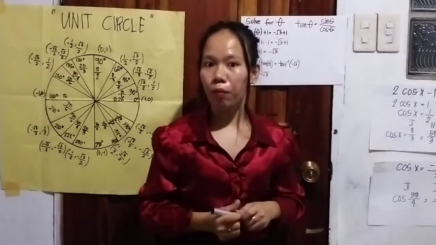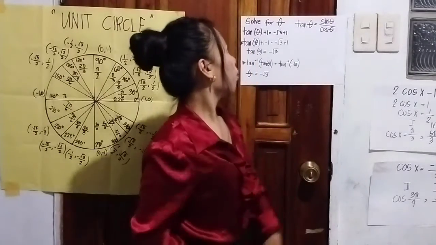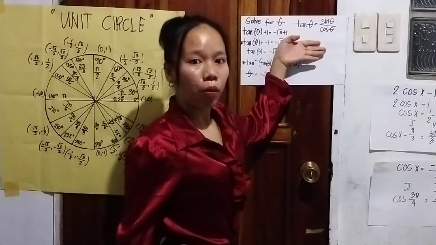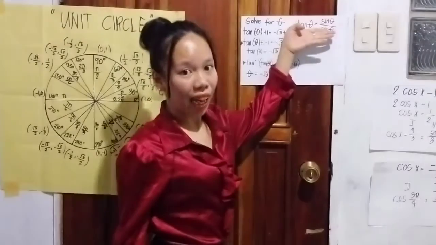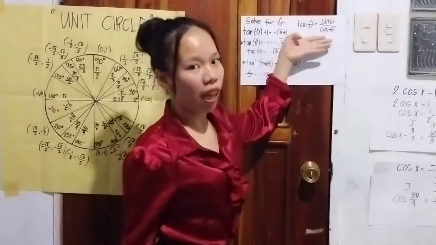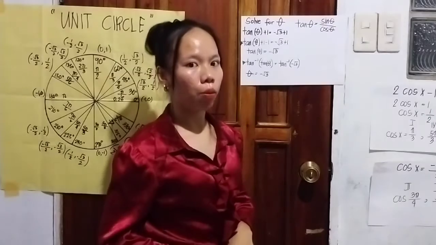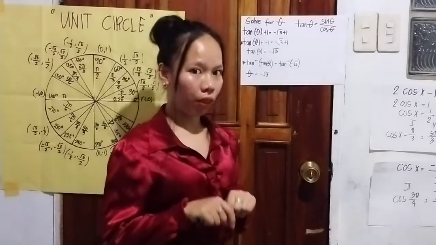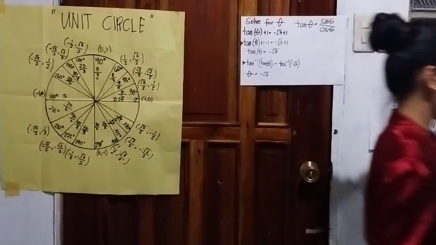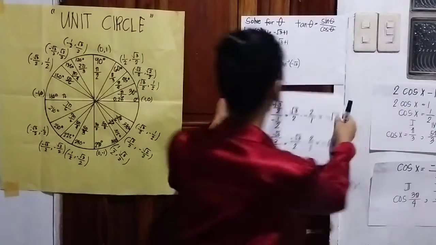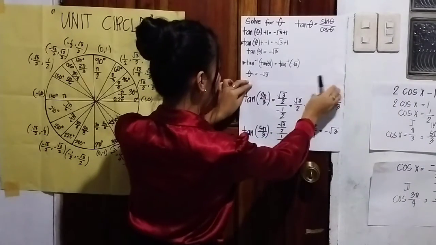Therefore, to have a value of 1, both sine and cosine must be equal to one another. So therefore, we have this one.